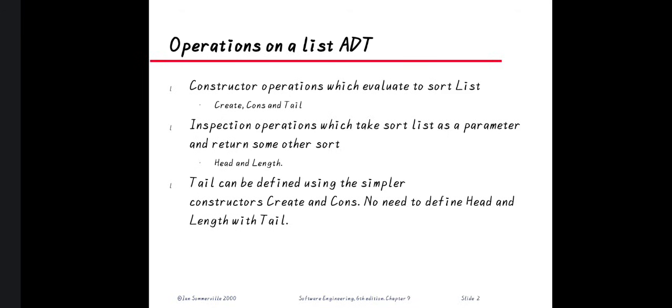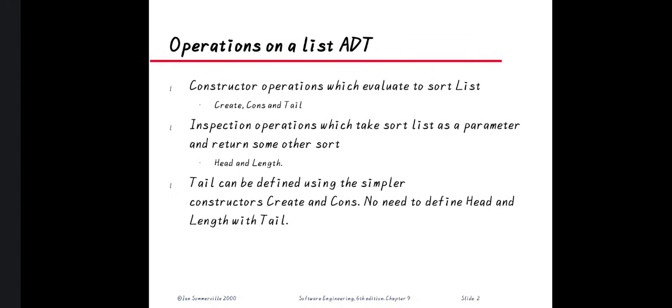Operations on a list ADT. Constructor operations which evaluate to sort list: create, cons and tail. Inspection operations which take sort list as a parameter and return some other sort: head and length. Tail can be defined using the simpler constructors, create and cons.